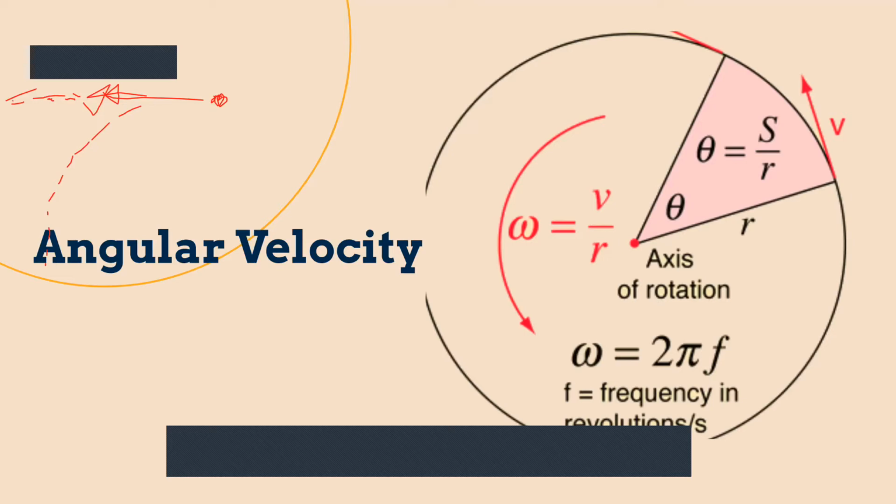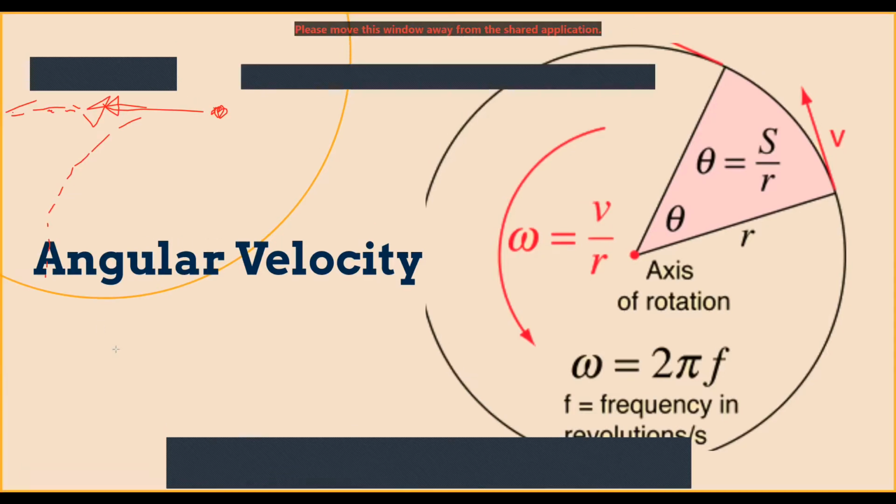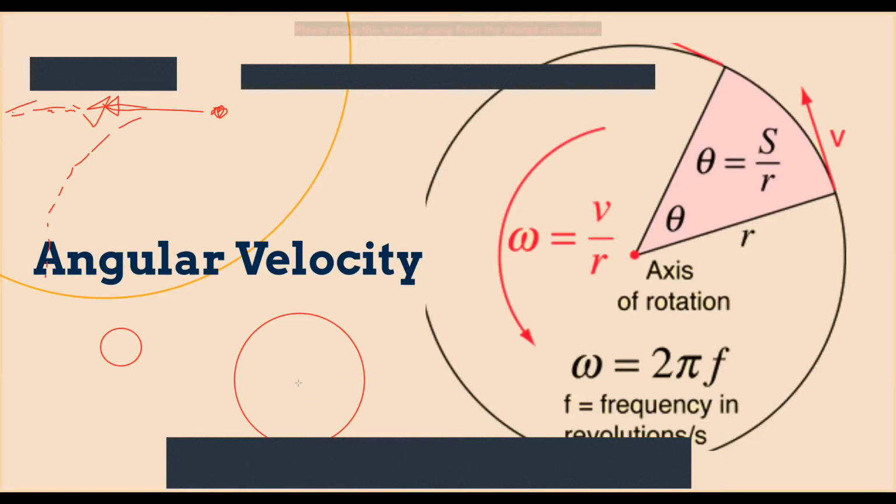The reason why it's different is because, let me just see if I can draw this out. Let's say we have a small circle right here, and then we also have a big circle. We put a center right here, and the same thing right here.